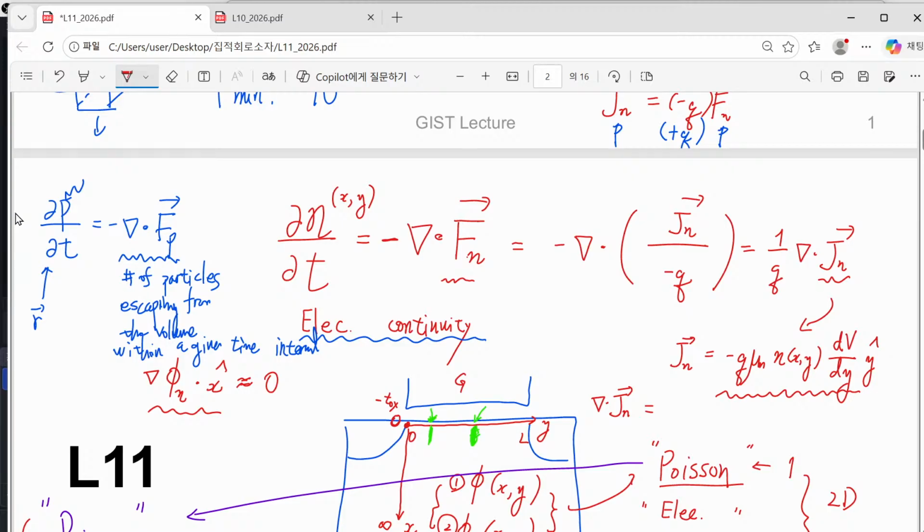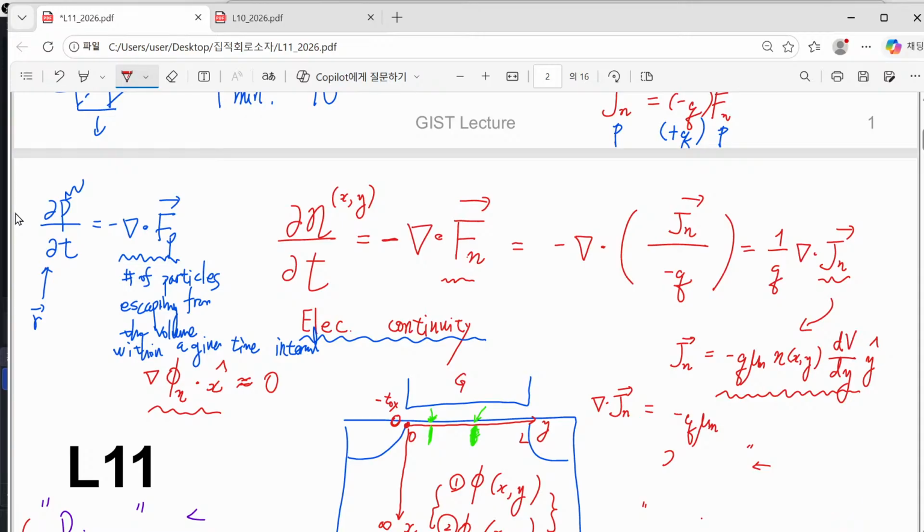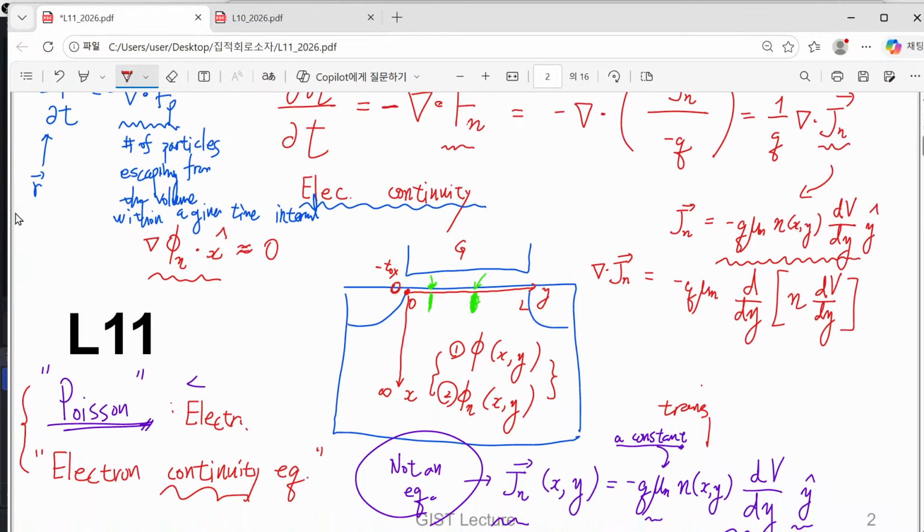So now you have minus q mu n. Let me just erase some previous ones. Then we have d/dy of n dV/dy. That is required for our divergence. That becomes the divergence form of our simple expression.